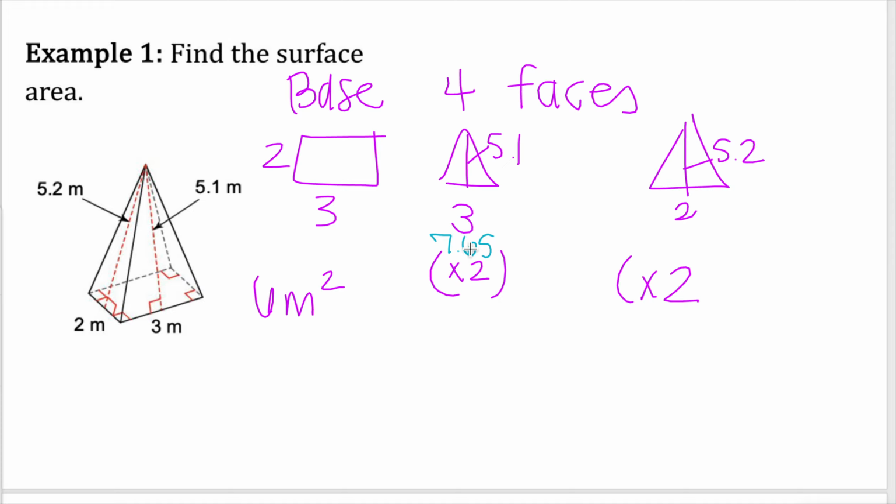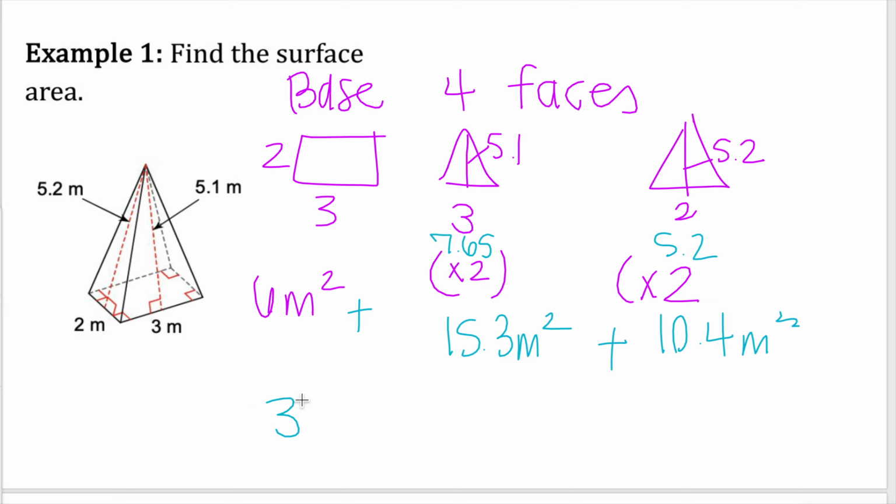But we have 2 of those, so timesing by 2 we get 15.3. And then 2 times 5.2 divided by 2 is 5.2, but then 5.2 times 2 is going to be 10.4. So we're going to add the base and all the faces together, so 10.4 plus 15.3 plus 6, we're going to get 31.7 square meters.